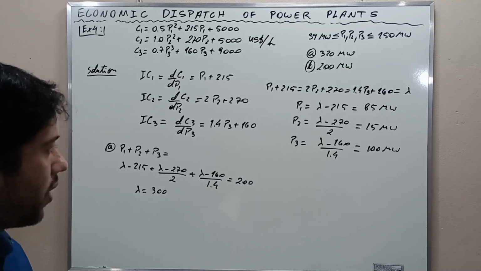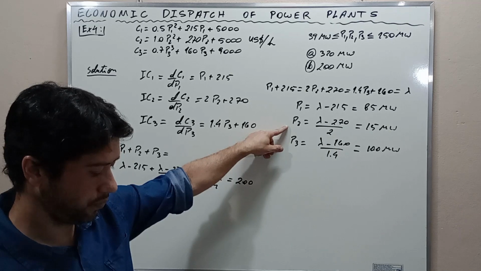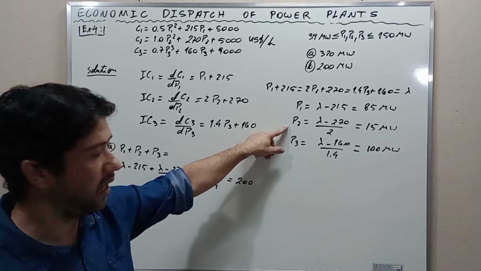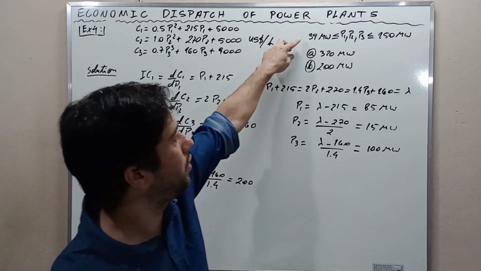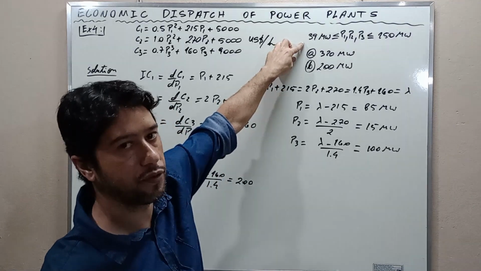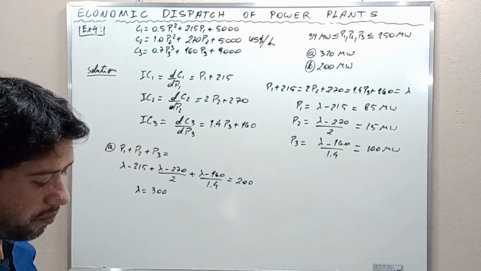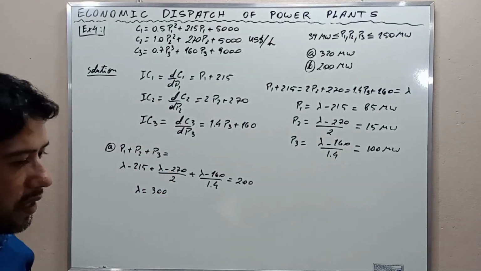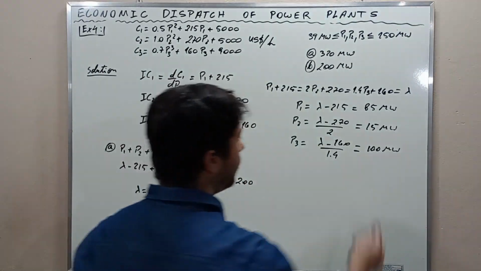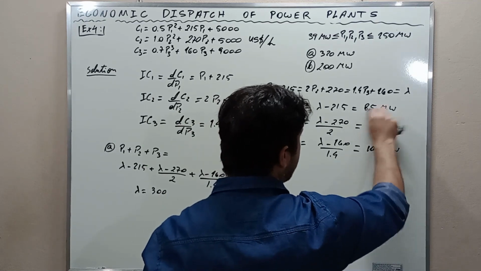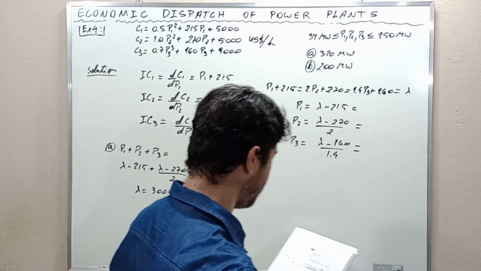Why is it not right? Note that as P2 is less than its minimum possible value, okay, the minimum allowed value is 39, then P2 has to be set at its minimum value of 39. Then instead of 15, which is the optimum, we are going to put 39 here and recalculate for the others.